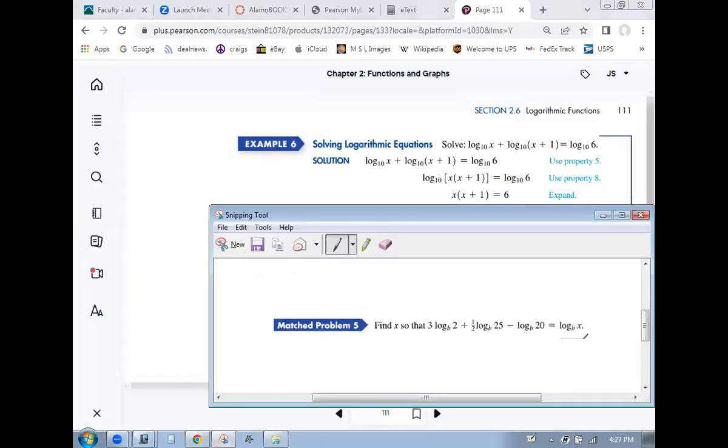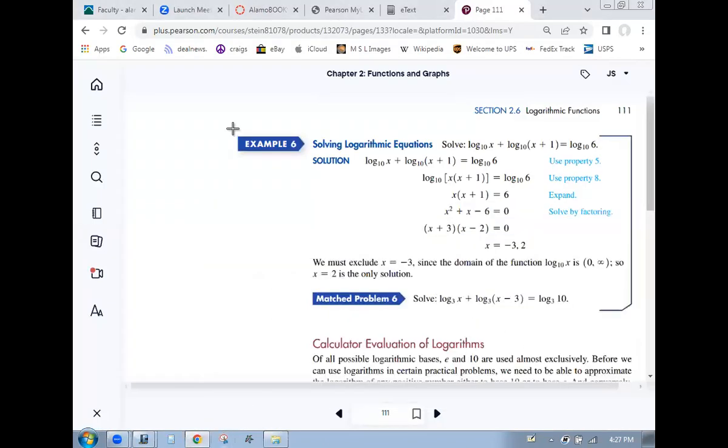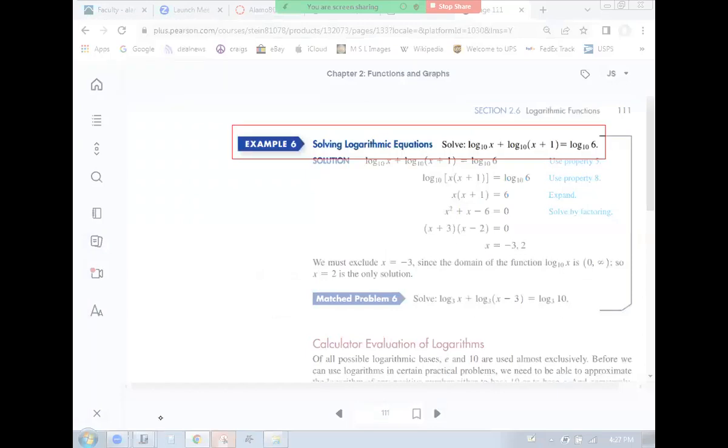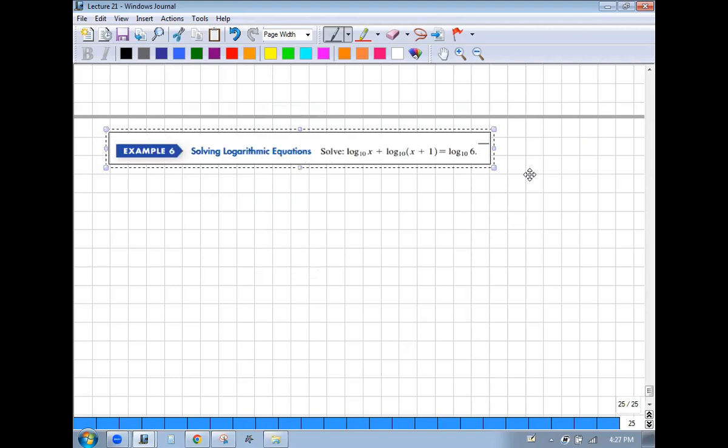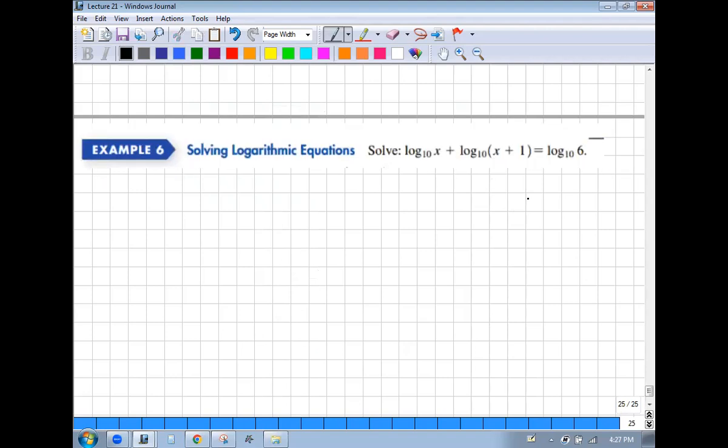Let's look at another one. All right, how do I get x? We have to solve for x, but x is showing up in 2 different places. So we need to combine these. There are no x's over here, so at least all the x's are on one side of the equation.